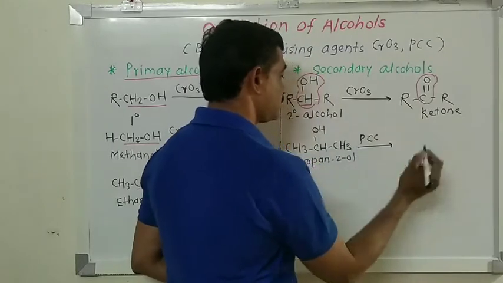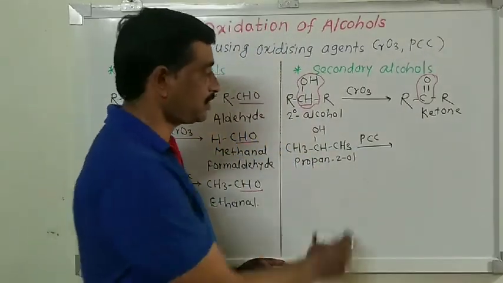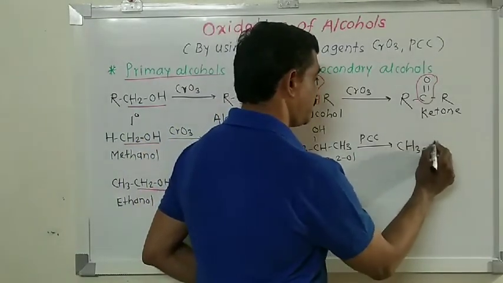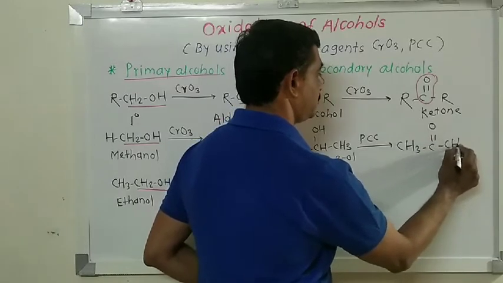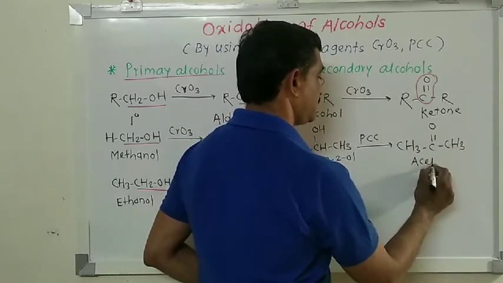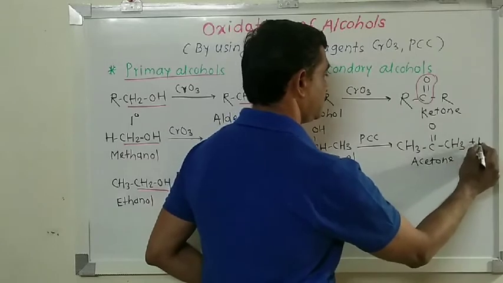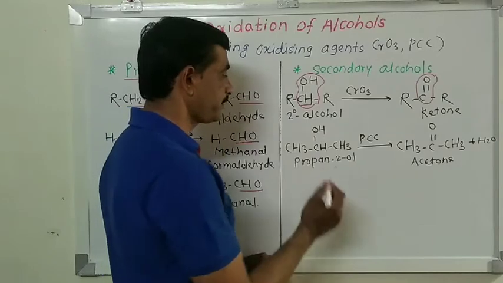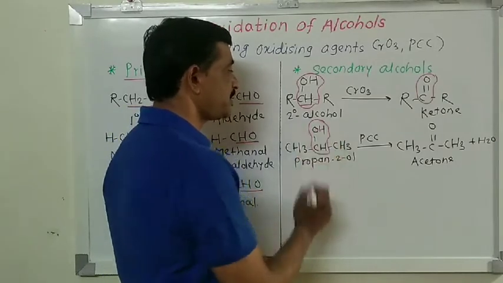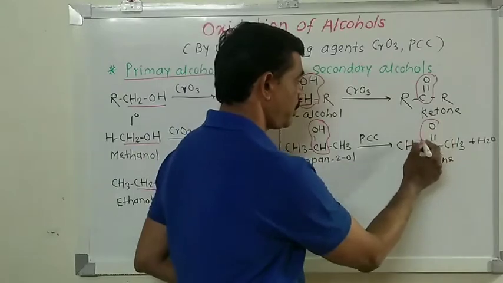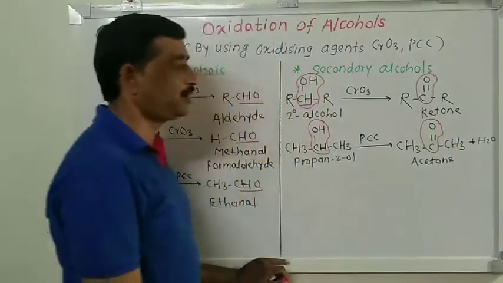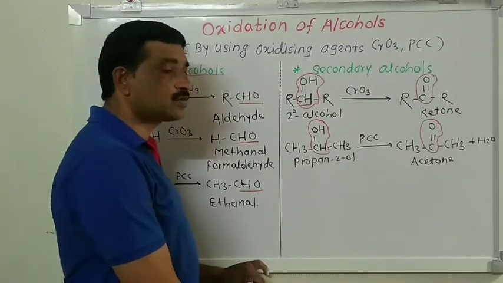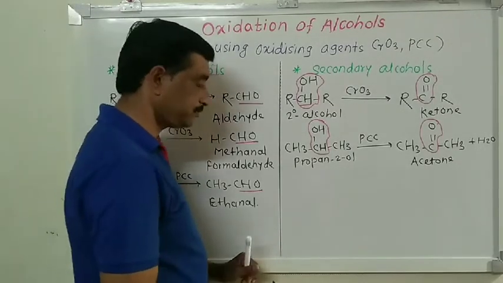When it undergoes oxidation by using the oxidizing agent pyridinium chlorochromate, then the product formed is acetone, the main product, plus H2O. So in this chemical reaction, the functional group CHOH of 2-propanol is converted into the carbonyl group. So we get the corresponding ketone. This acetone is also known as propanone.